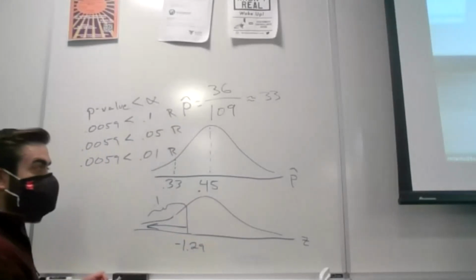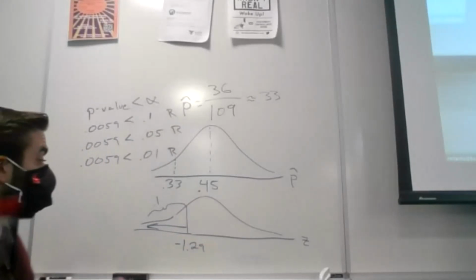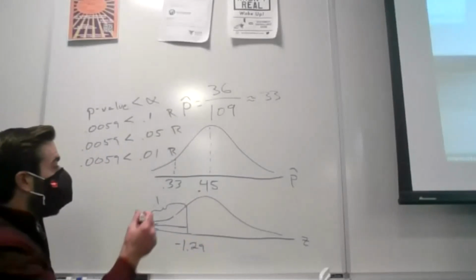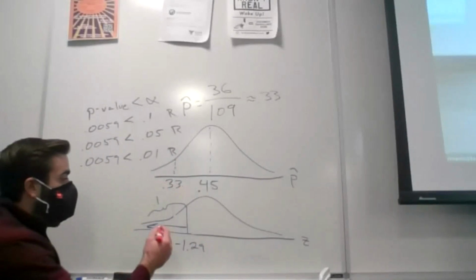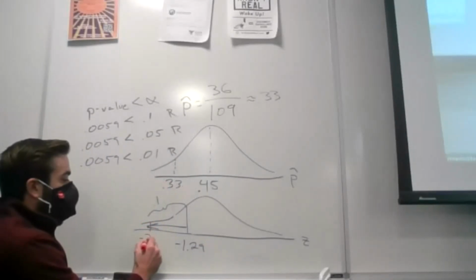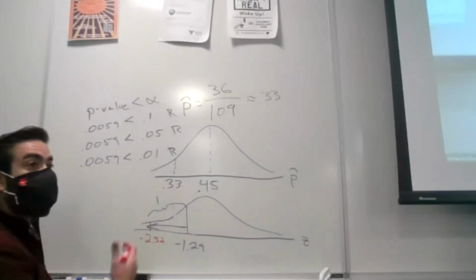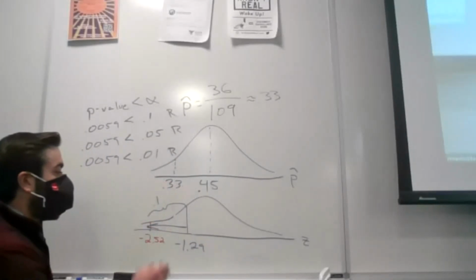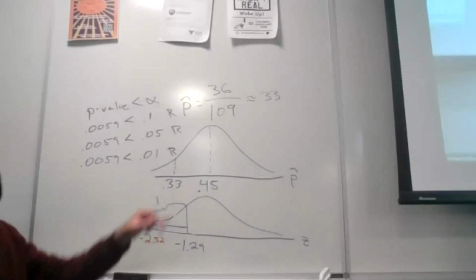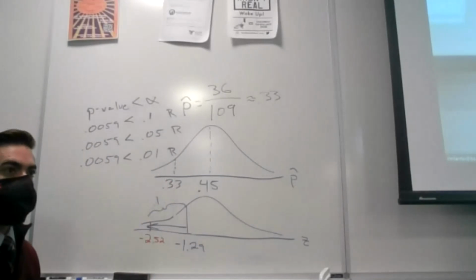If we're only going to be testing against this one alpha, I would then say, okay, what does my sample evidence turn into a test statistic-wise? I'll plot that. It was what, negative 2.52, clearly in the rejection region, right, at the 10% level. So we would say with 10% significance, we can reject the null hypothesis here.